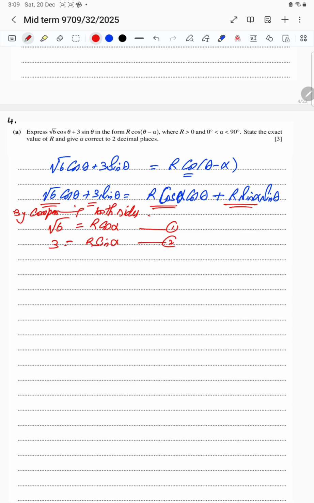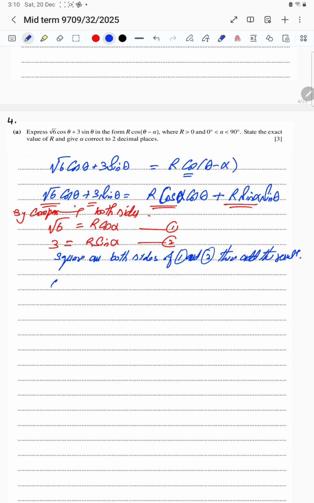Now I can take squares on both sides of 1 and 2, then add the results, because I need to find r and alpha. This I wrote just for your consideration, no need to write it, but it will reflect your concept.